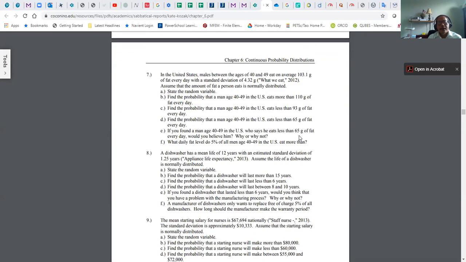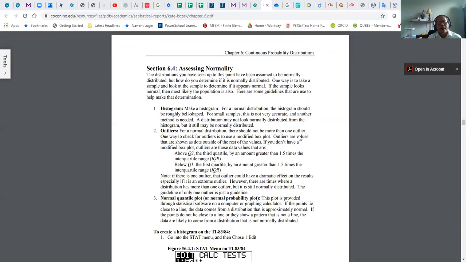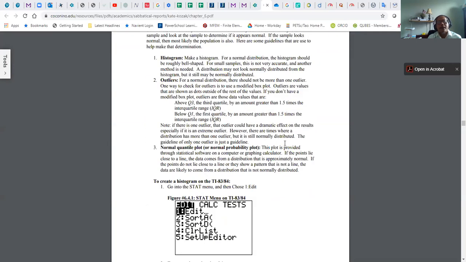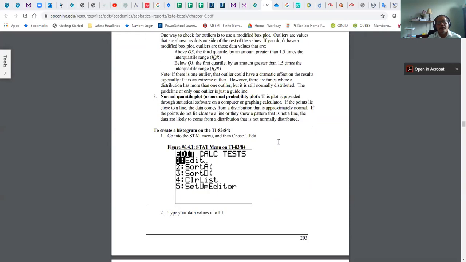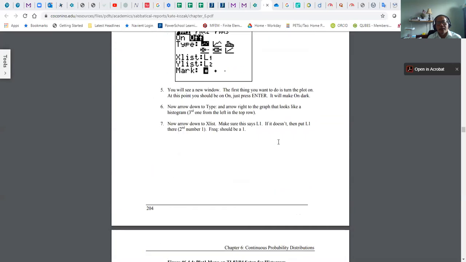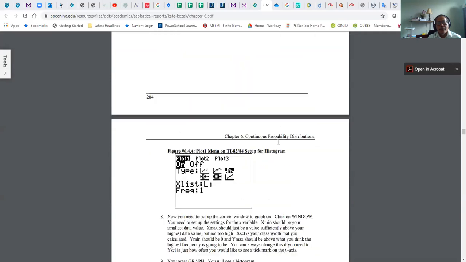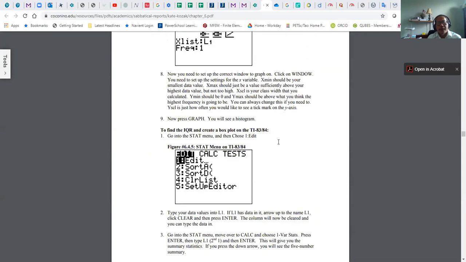I think this is for chapter 6, right? This one is about checking normality. You can use the calculator and plot it, and you can see whether the distribution is normally distributed or not.